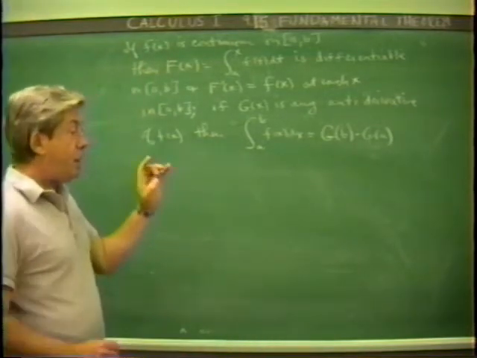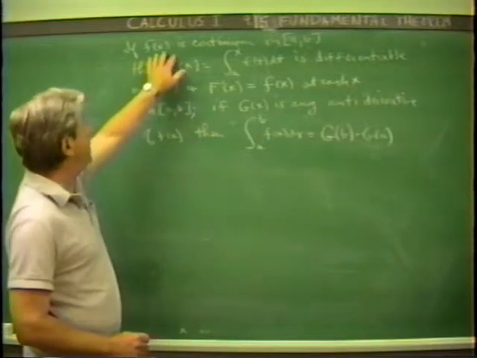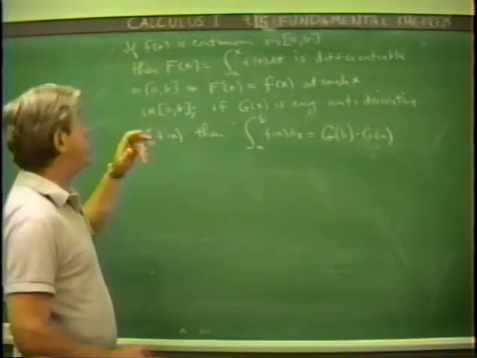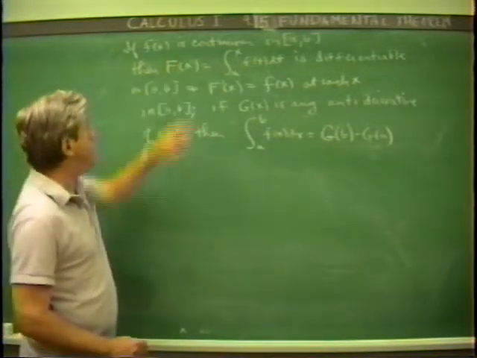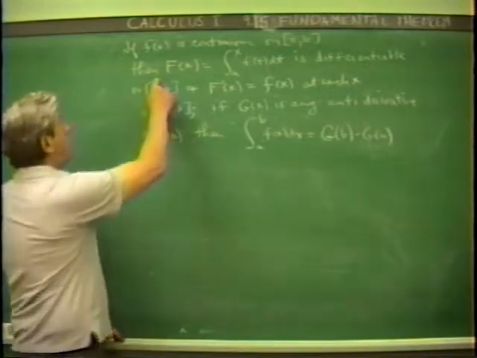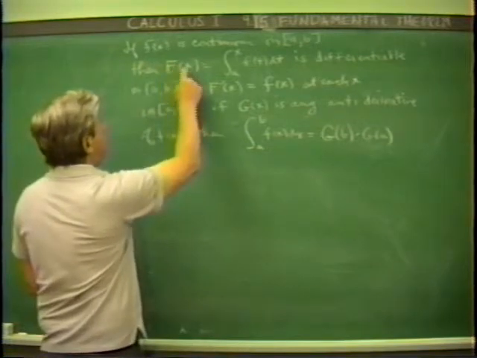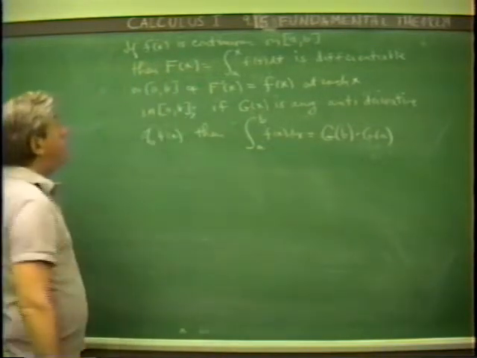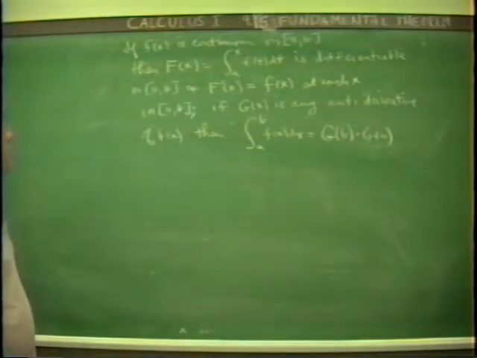All right. So continuous functions are integrable. That's because you can get the upper sums and the lower sums, or all the sums, to differ by as little as you wish because of the continuity. But that takes considerable proof.